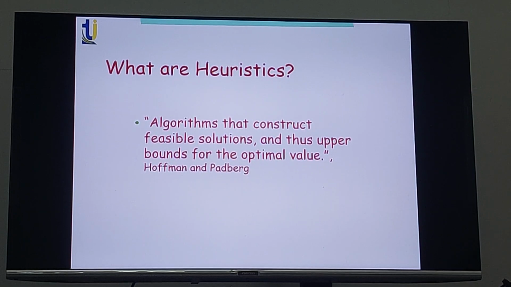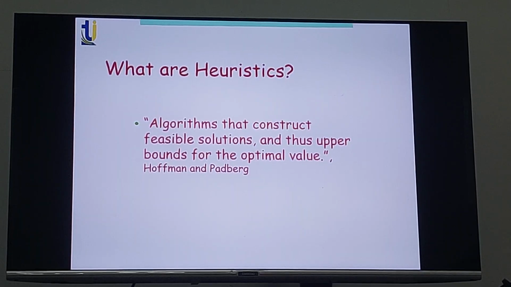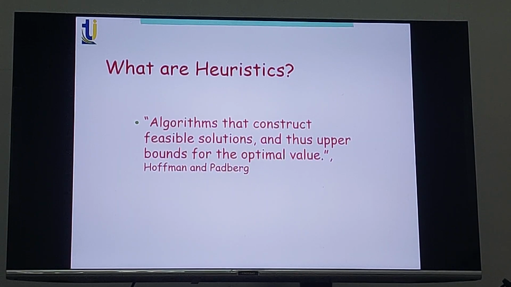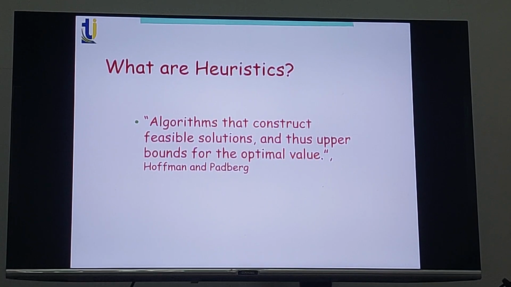Now, you will be using heuristics, which is an algorithm that constructs a feasible solution and thus an upper bound for the optimal value. We haven't learned about upper bound. Basically, how can I use an example? If you're in math, you can calculate based on the formula.